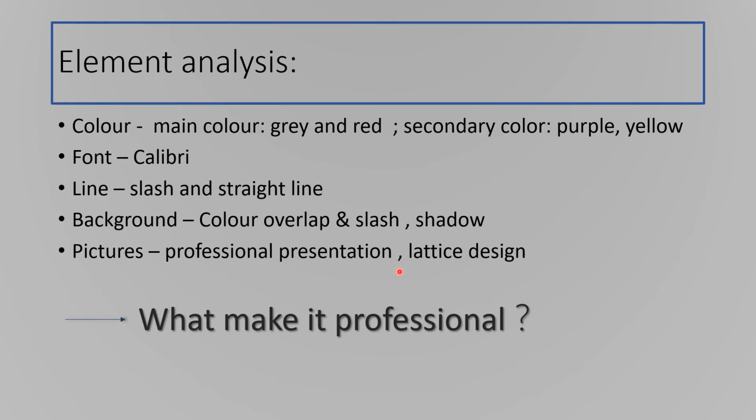And after that, we can ask ourselves a question: why does it look professional? So we can answer the question, and then we can evaluate whether our presentation design, our page design, is a good design as well.